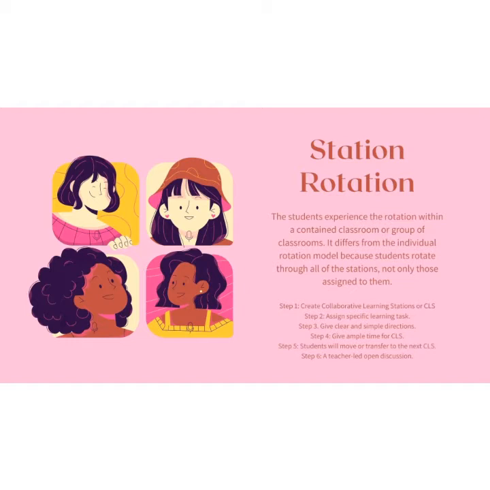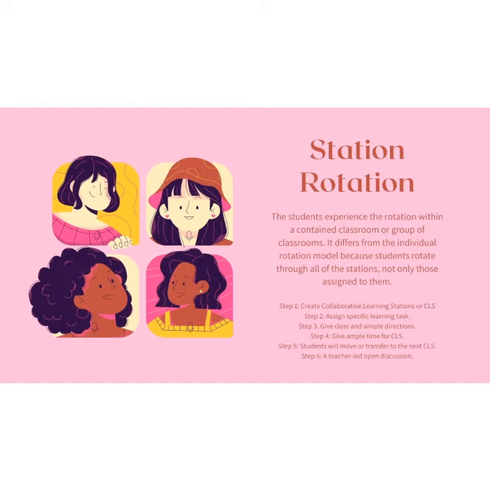Step 1. Create collaborative learning stations or CLS. Ideally, each CLS must have a maximum of 8 and a minimum of 5 members. Each CLS must have at least 1 or 2 computers, laptops, iPads, or mobile technology, preferably with internet access.